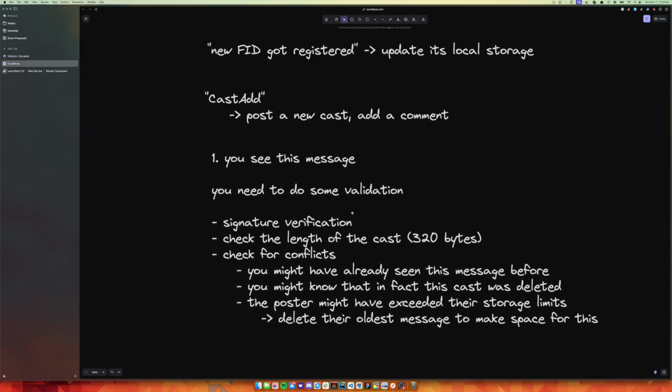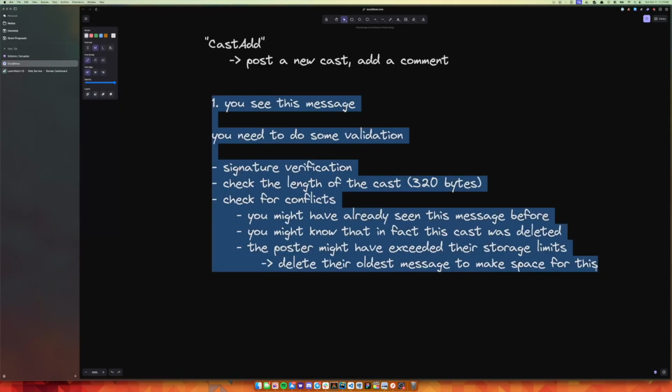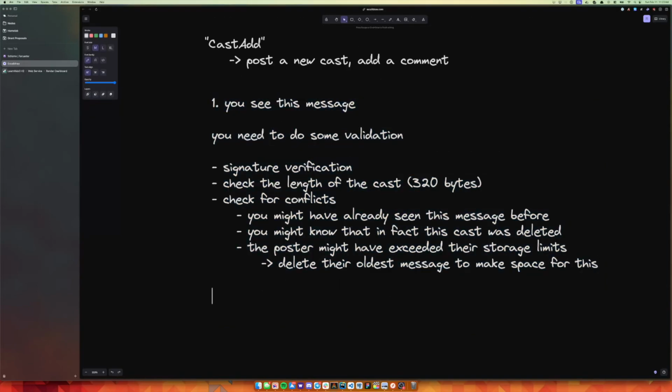So you need to do some validations, and assuming all of this goes well, then we gossip it further. We let other hubs we're connected to know that we saw this message, so that they can go do the same thing.